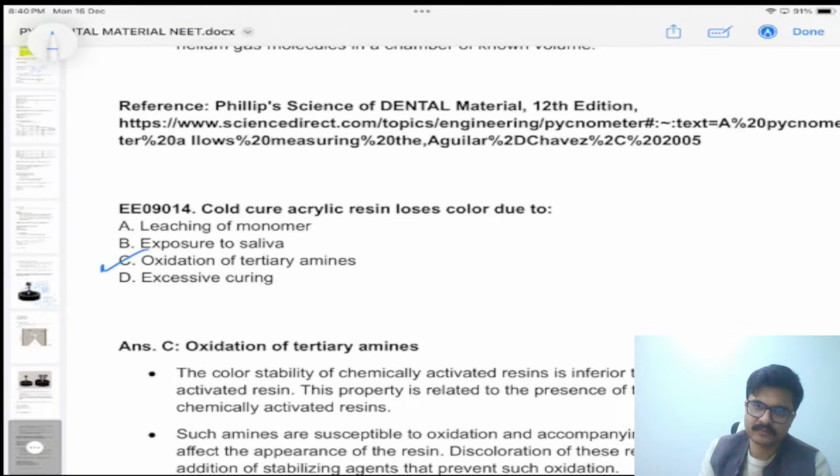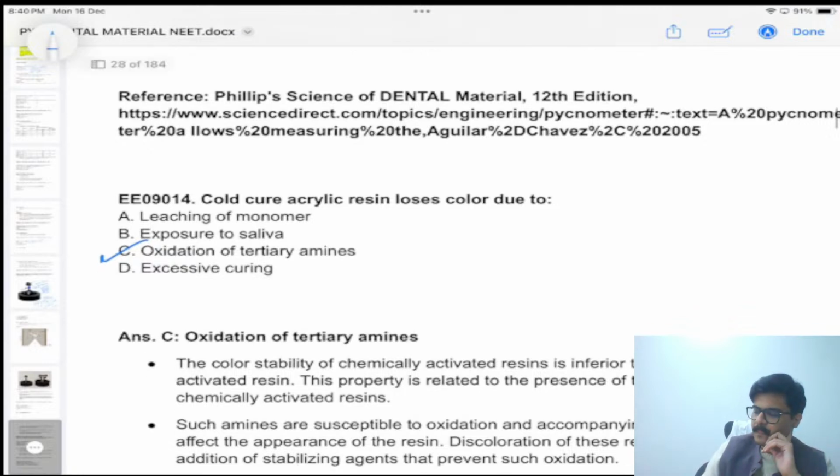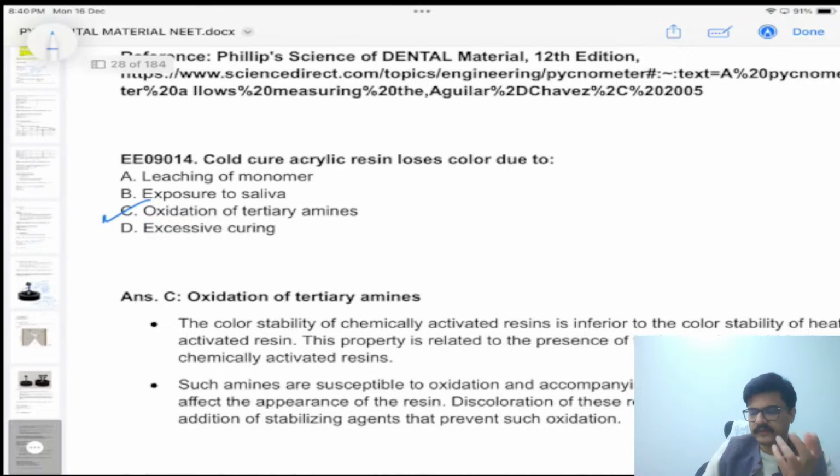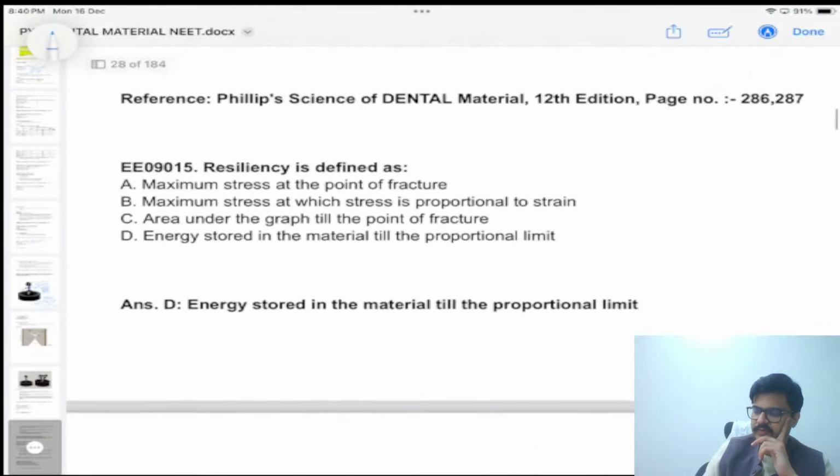So you have a source of free radical, which is the initiator, and the activator is the tertiary amine. And when this gets leached out, it causes discoloration. And this problem is not there with heat cure, or less with heat cure. So oxidation of tertiary amines in cold cure is a big reason for them losing color.